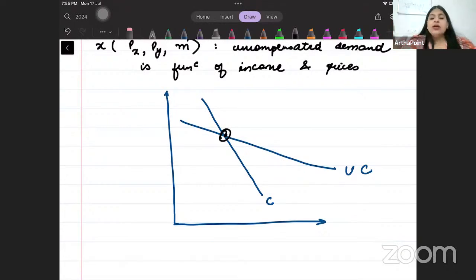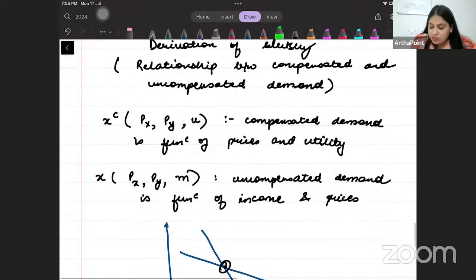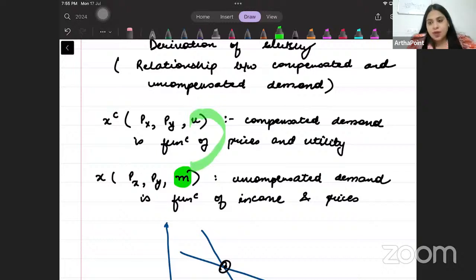We said that at that point where both of them are equal, इसका मतलब ये है कि बेटा जितनी income मिल रही है, that is exactly what I require to get this level of utility. और इस utility के लिए जितनी income चाहिए थी, that is exactly this. So the two are matching.